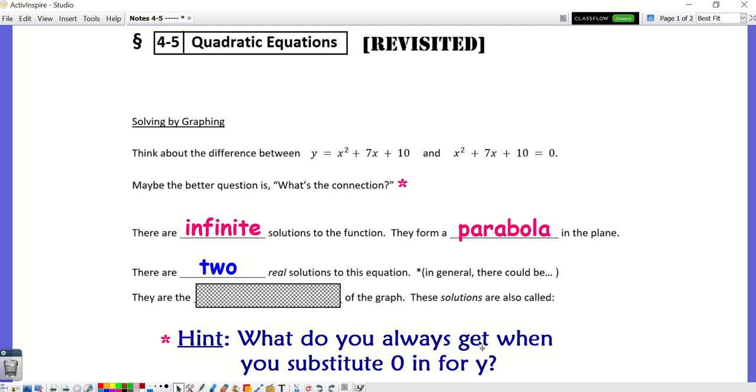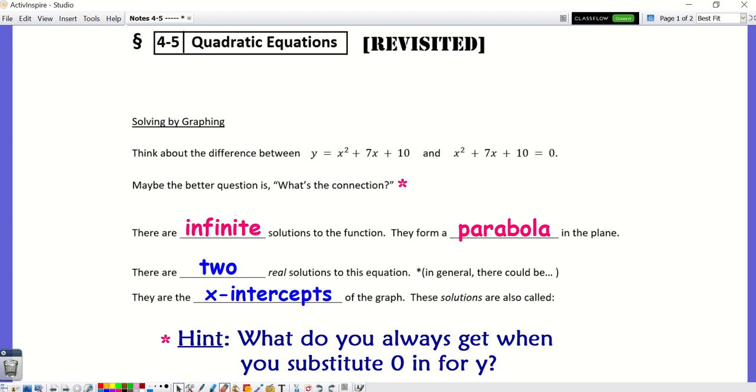What do you always get when you substitute 0 in for y? Because that's essentially how we go from this equation to this equation. We've substituted 0 in for y. So in general, what do you always get when you substitute 0 in for y? 5 seconds. What do you get? You get the x-intercepts. You get the x-intercepts.